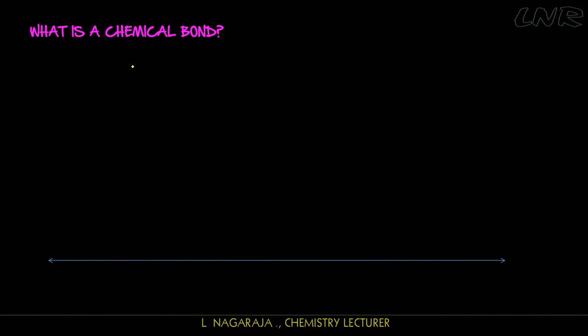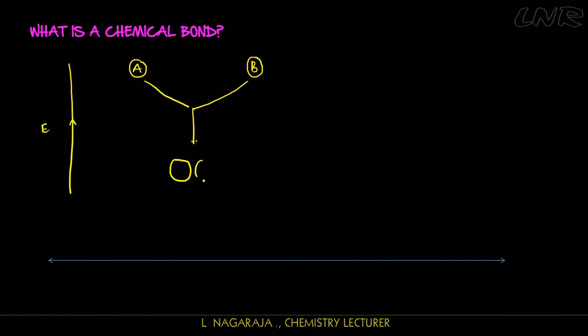For example, let us take two elements, atom A of element A and atom B of element B. The energies of these atoms are represented like this, and when the two atoms combine, that is atom A and atom B combine, they form a molecule, A and B, right?